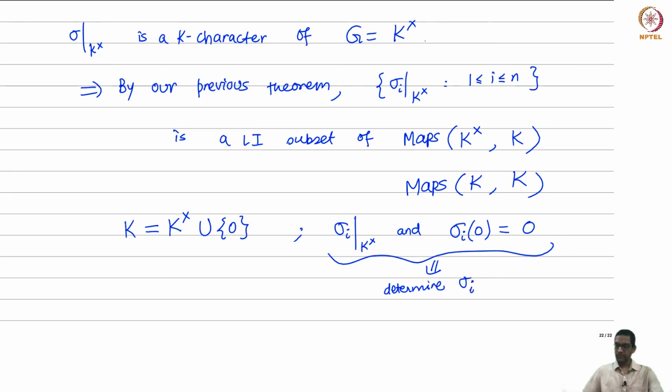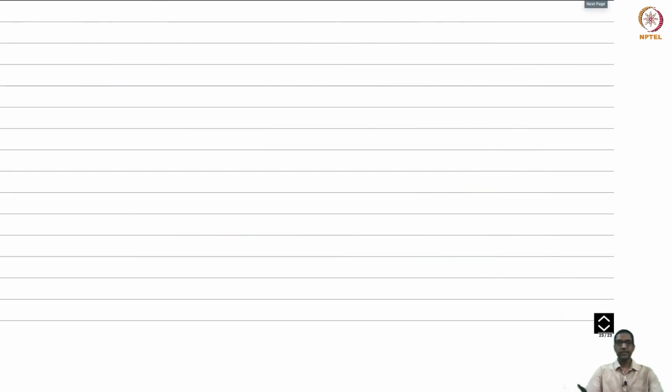Of course one has to check this, but observe that the linear independence of sigma_i restricted to K cross implies the linear independence of the sigma_i's on all of K. And why is this? How can it possibly fail?